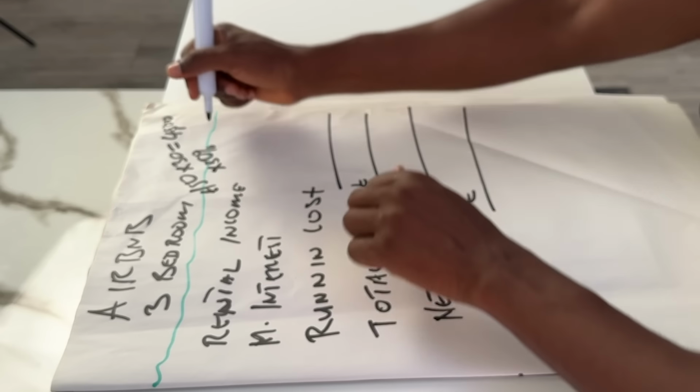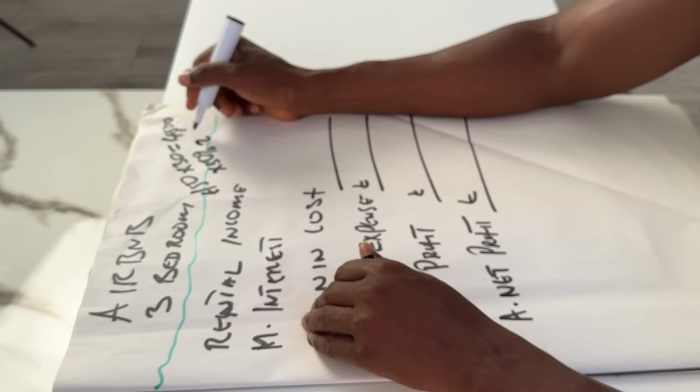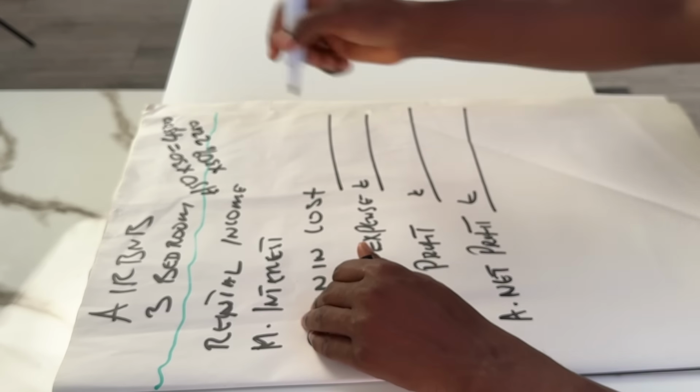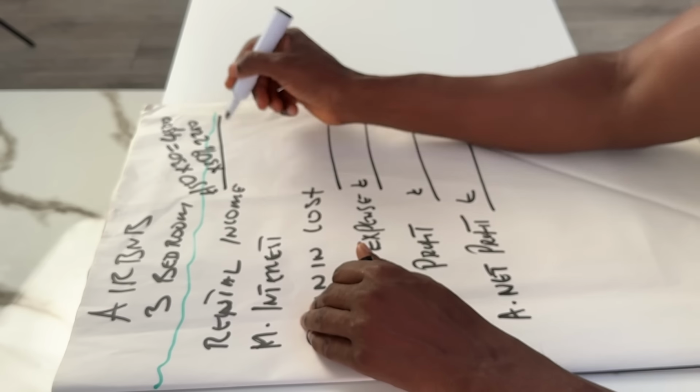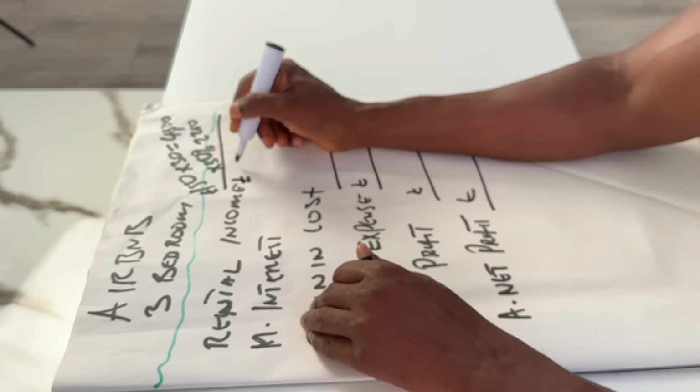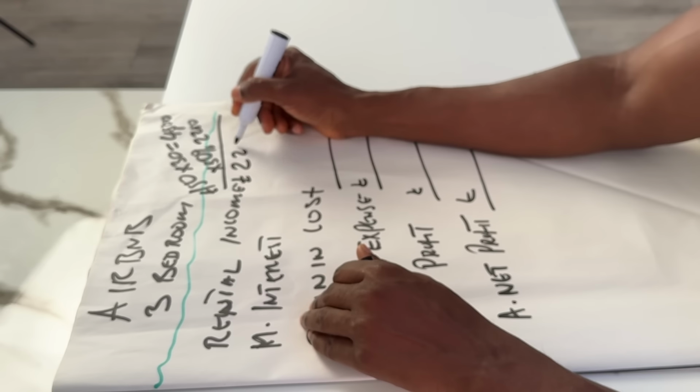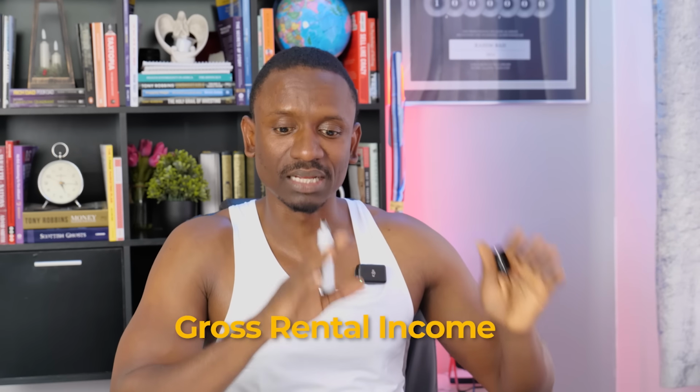So 50% of that amount would be £2,250. This then becomes our gross rental income as a serviced accommodation.